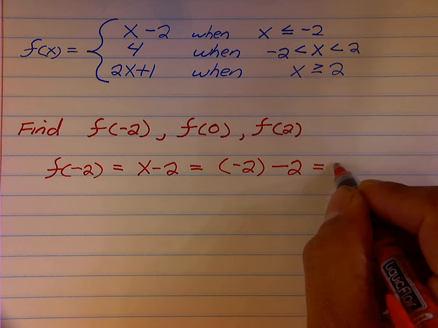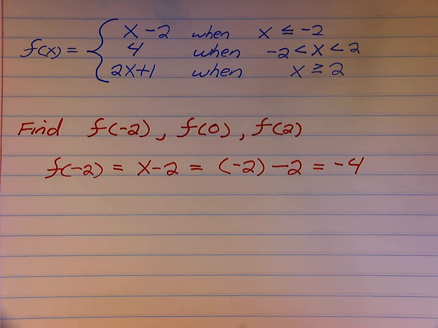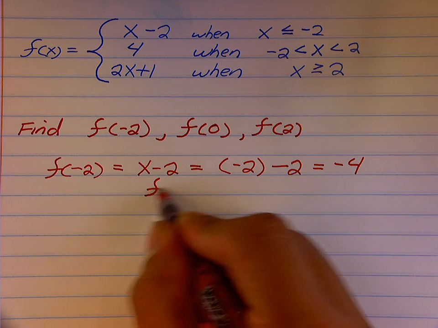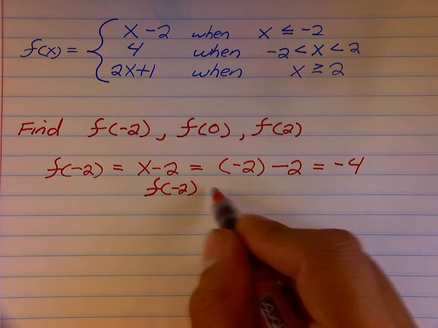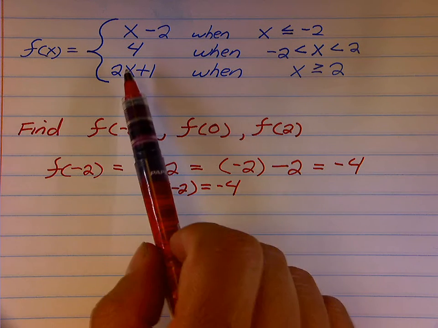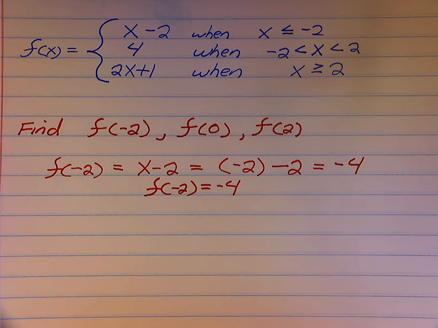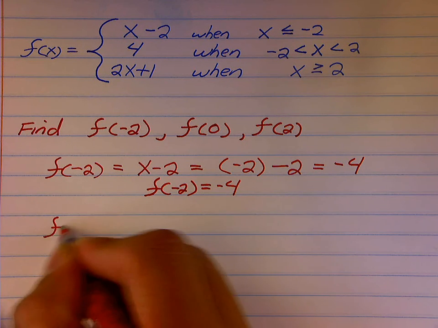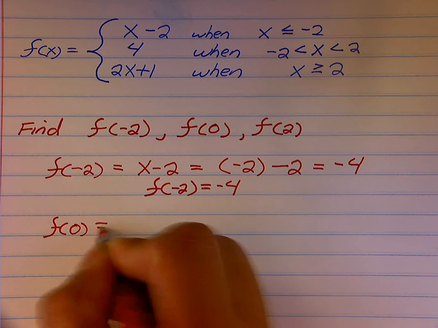I can simplify this, and I'll end up with negative 4, or simply f of negative 2 is negative 4. Meaning, when I plug negative 2 into this function, the one and only one output I can get is negative 4.